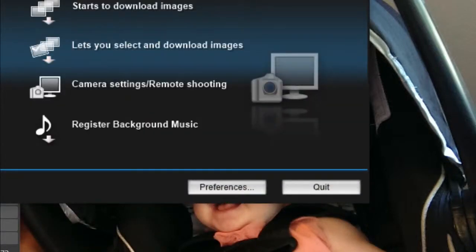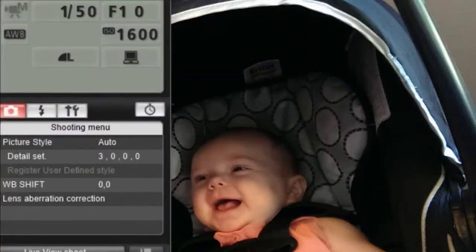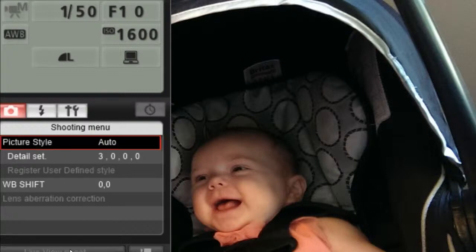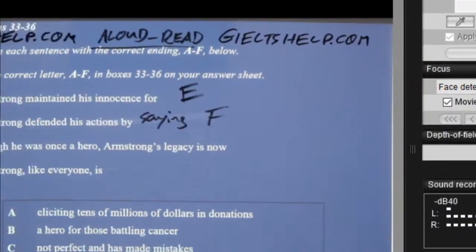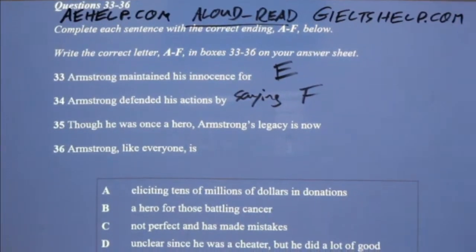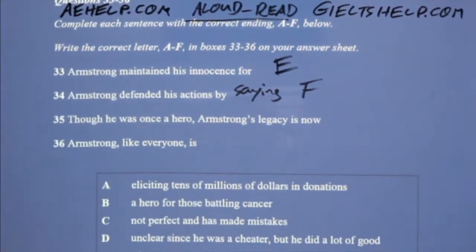So, yeah, I remember here that the author was very clear on this as well. The author was like, yeah, he was once a hero, but now we remember him by what?